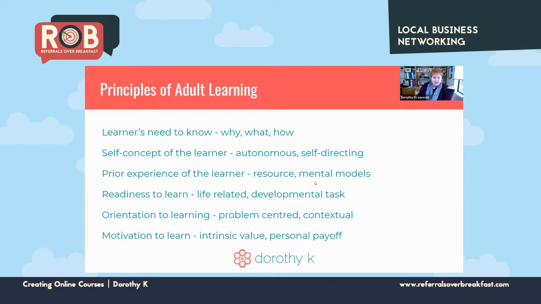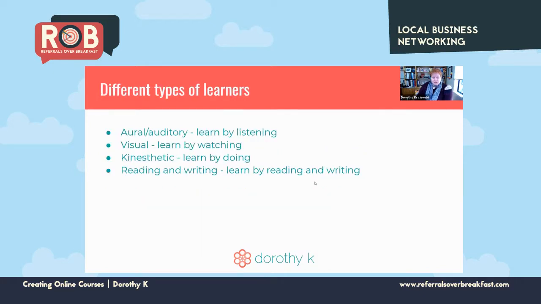Okay. Then we have to consider the different types of learners, and you might have heard of this before. There are 4 different types of learning, different ways we learn. We can be either oral learners, so we learn by listening. So for example, if you do a lot of learning by listening to podcasts or audiobooks, you're an oral learner.